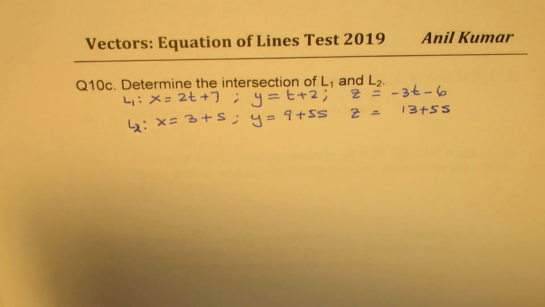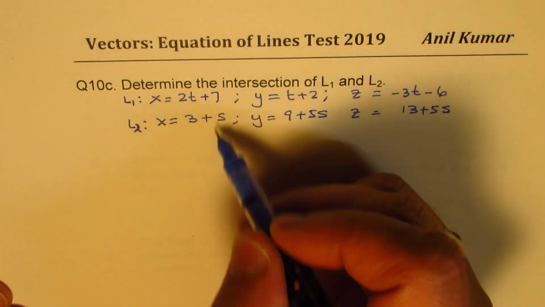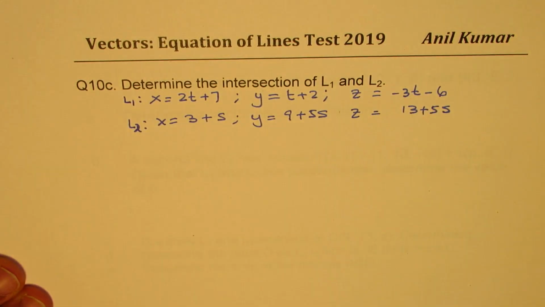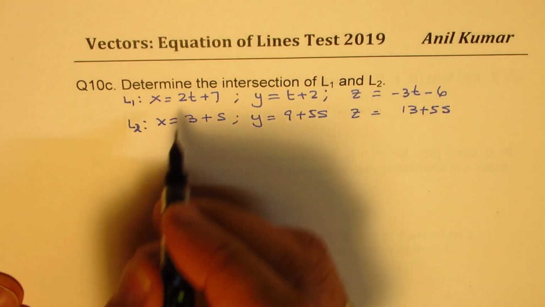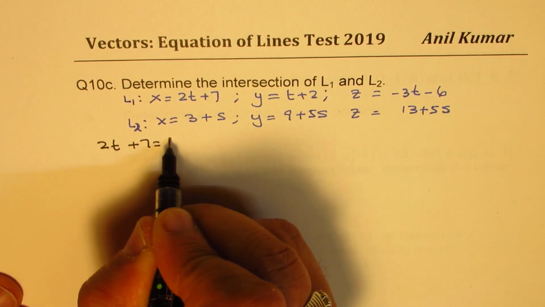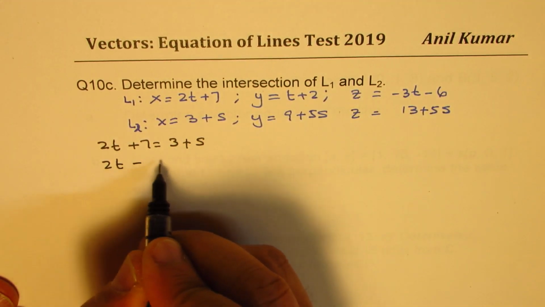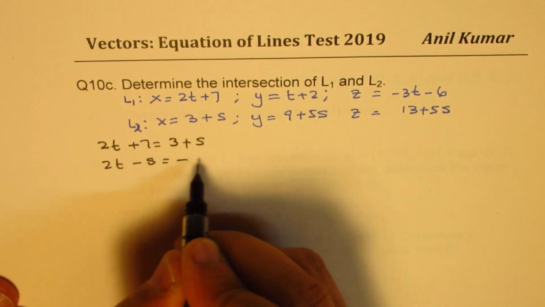Okay. Now, let's try to find the point of intersection. To find the point of intersection, we'll equate these and try to solve those simultaneous equations. So what we get here is 2t plus 7 equals 3 plus s, or 2t minus s equals minus 4.